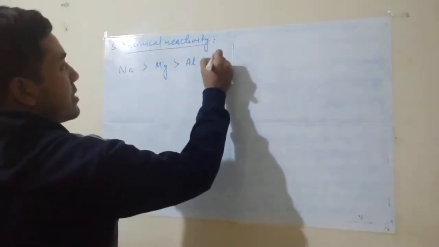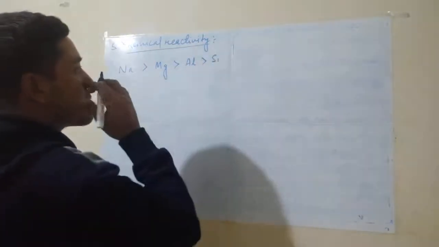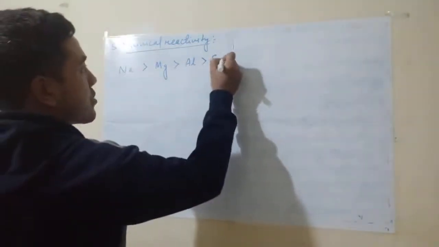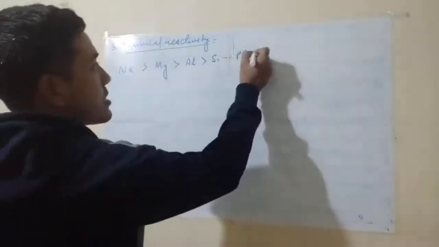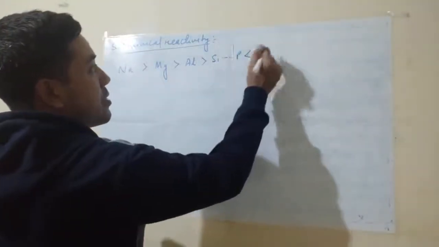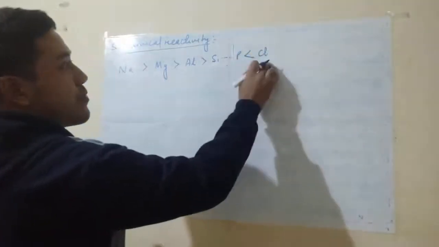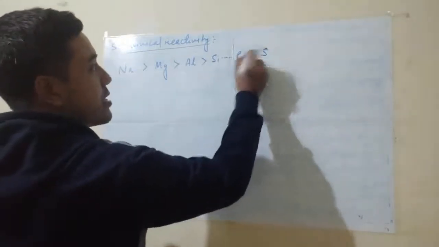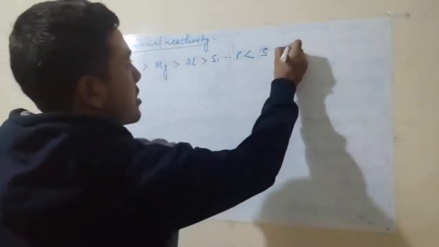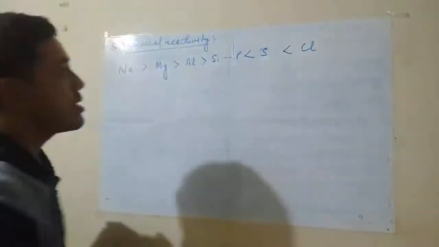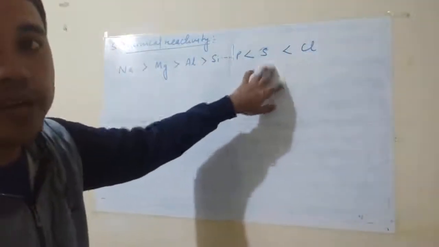It is more reactive than silicon. And next is phosphorus, which is a non-metal. Chlorine is more reactive than sulfur, which is more reactive than phosphorus, and chlorine is more reactive than sulfur, right?